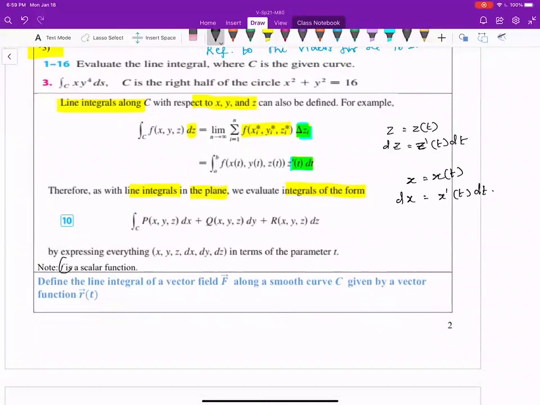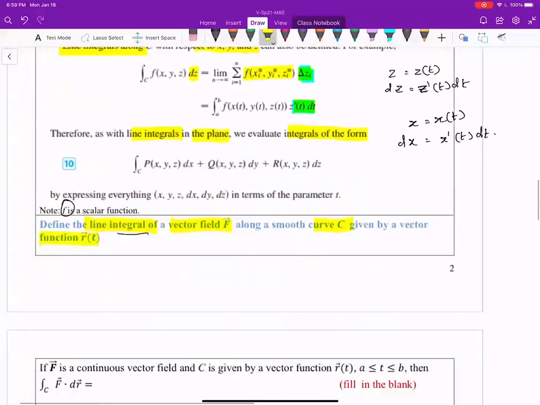Here remember, lowercase f is always a scalar function. Uppercase F will be taken as a vector field. Now define the line integral of a vector field F along a smooth curve C given by a vector function r of t.